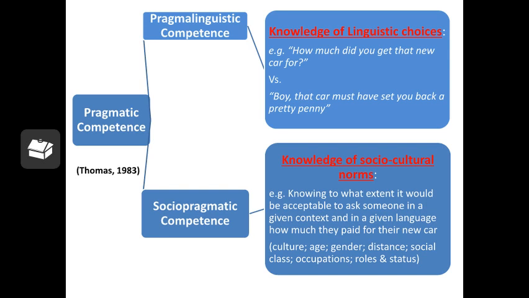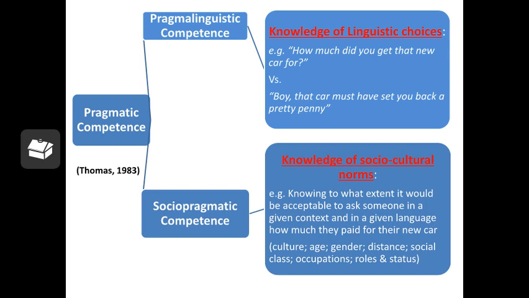Sociopragmatic competence refers to the knowledge of sociocultural norms. Still using the same example of requesting the price of someone's car, sociopragmatic competence in this case is having the knowledge of to what extent it would be acceptable to ask someone such a question.